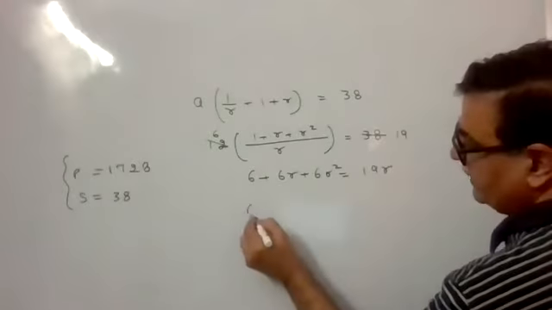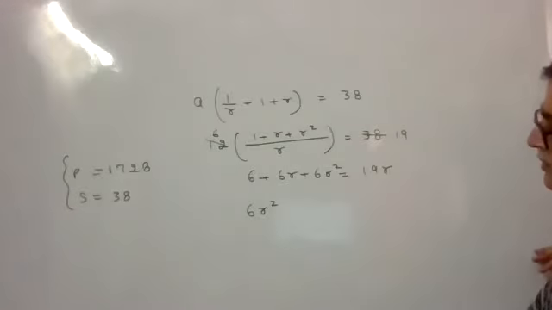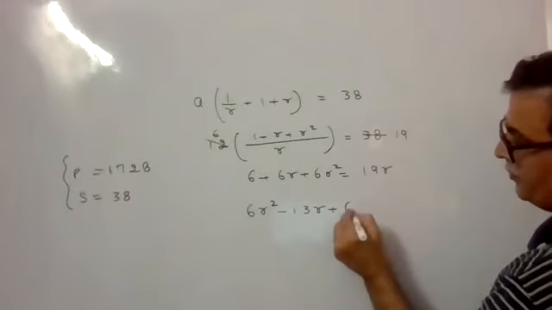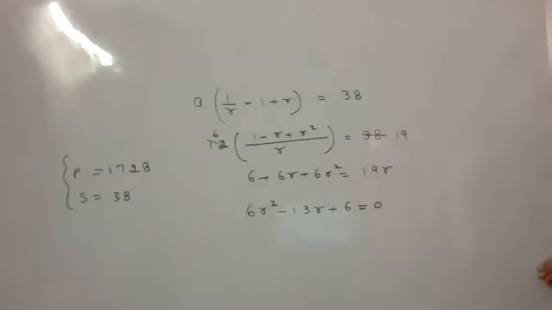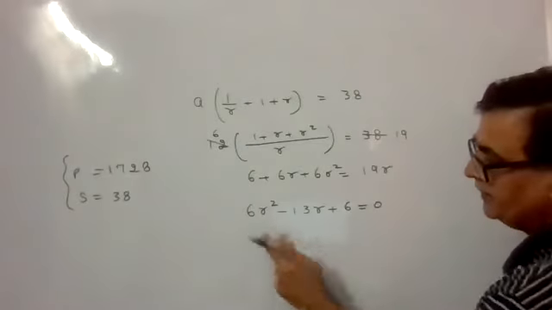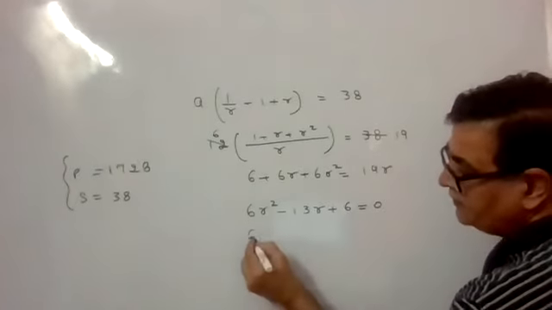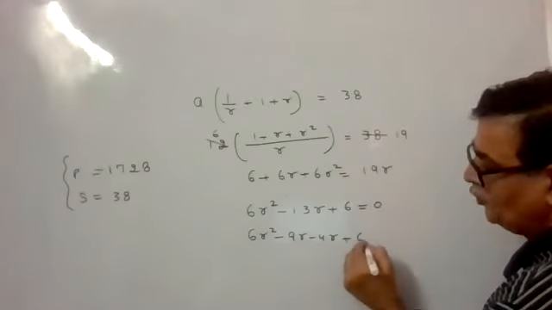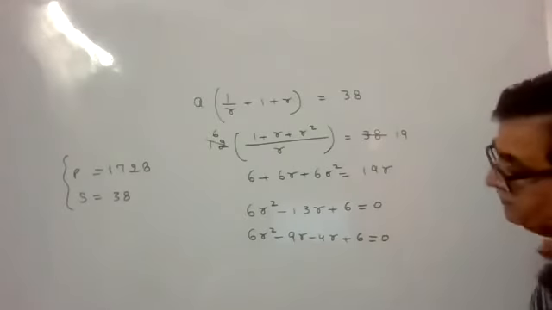Now I'll write this as 6R square minus 13R plus 6 comes out to be 0. 6 times 6 is 36, so 9 and 4 are the factors. 9R minus 4R plus 6 is 0.